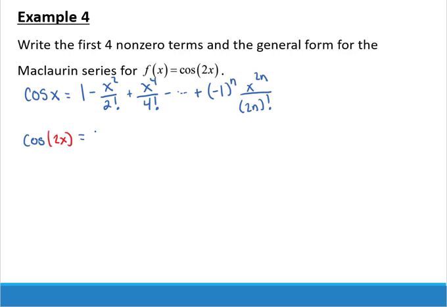They want the first four terms. So I have 1, 2, 3. Hopefully you see the pattern. And wherever I see an x, I'm going to put in a 2x. And again, you don't have to worry about simplifying that.